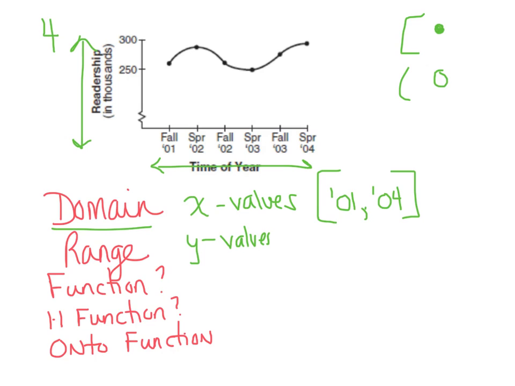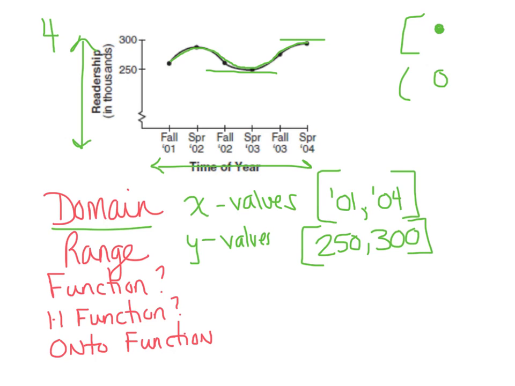So I kind of just look for my lowest, which looks like about there, my highest, which looks like about here, and just make sure you go in numerical order, lowest to highest. So my low would be 250, comma, my high would be 300. And then again, I just need to decide bracket or parenthesis. Well, this is a solid line, so everything there is going to be a nice solid bracket.